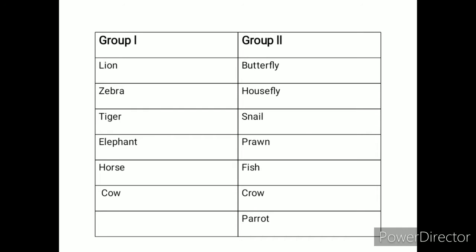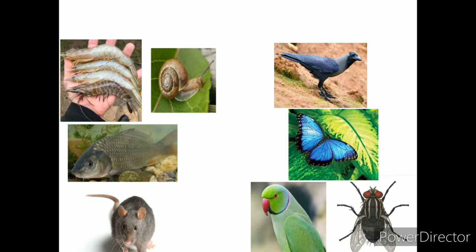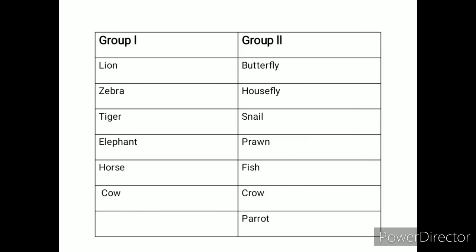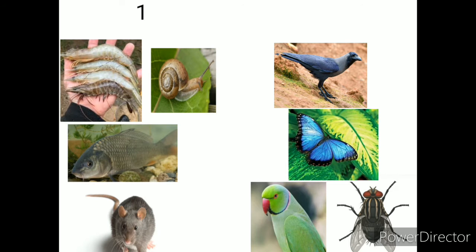Yes, you can classify these organisms on the basis of their ability to fly. Which are the two groups? Here it is. You can see the two groups into which these animals can be categorized. The first group shows the animals which can't fly. They are not able to fly.